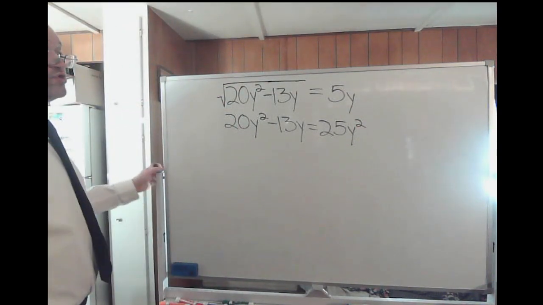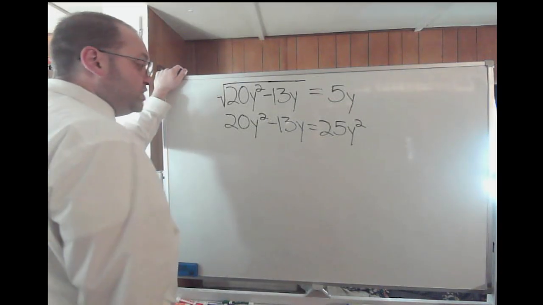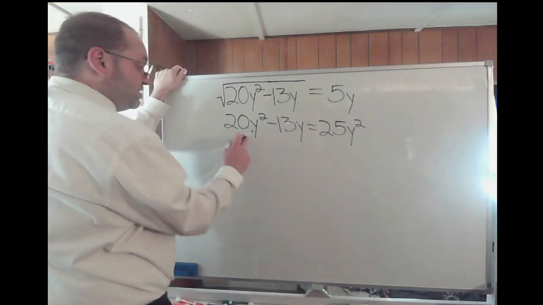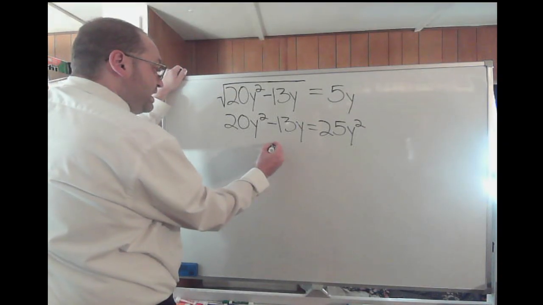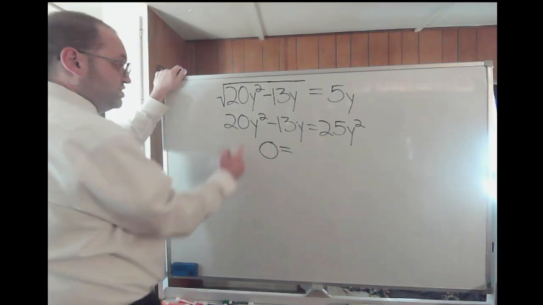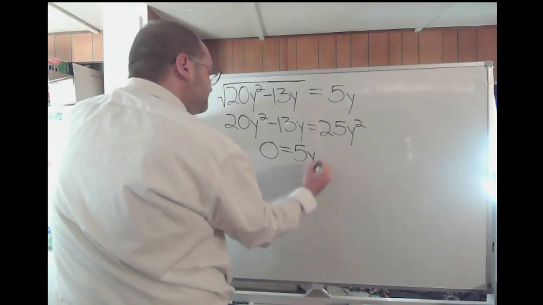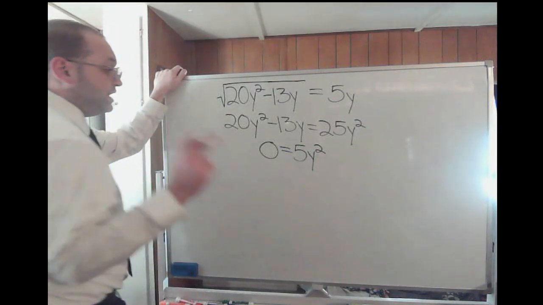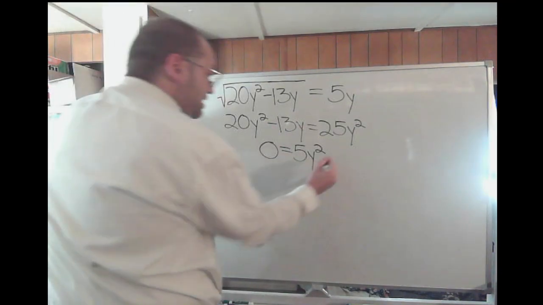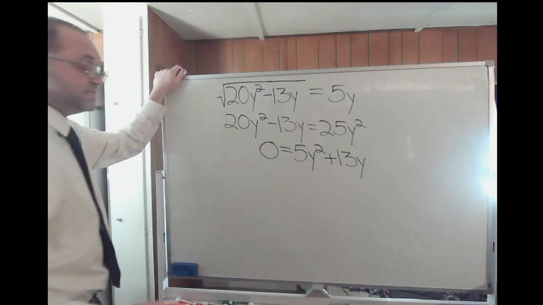So now we have a quadratic on both sides. I'm going to do the same thing as the last equation. I'm going to make 0 on the left-hand side to start with. So we'll subtract the 20y squared and add 13y to both sides. If we do that, you subtract 20y squared from the right, you'll end up getting 5y squared. And then you add 13y to both sides, so you end up with 5y squared plus 13y.